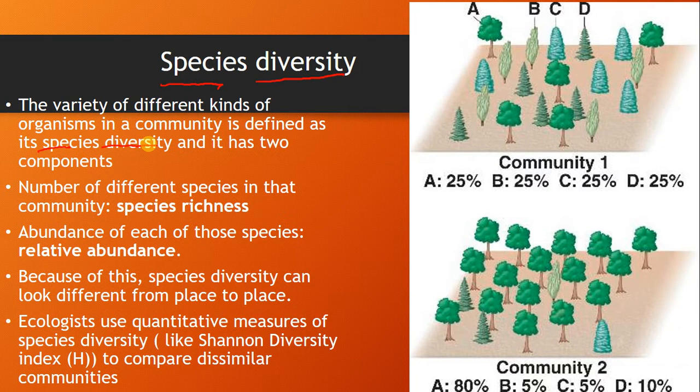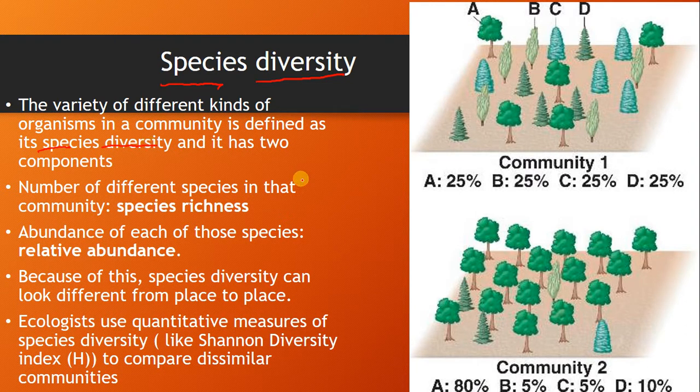And one is called the species richness, which is the number of different species in that community. So, for example, if a given community has 5 different species that live there, it has less species richness than a similar area that has 10 species. All right.